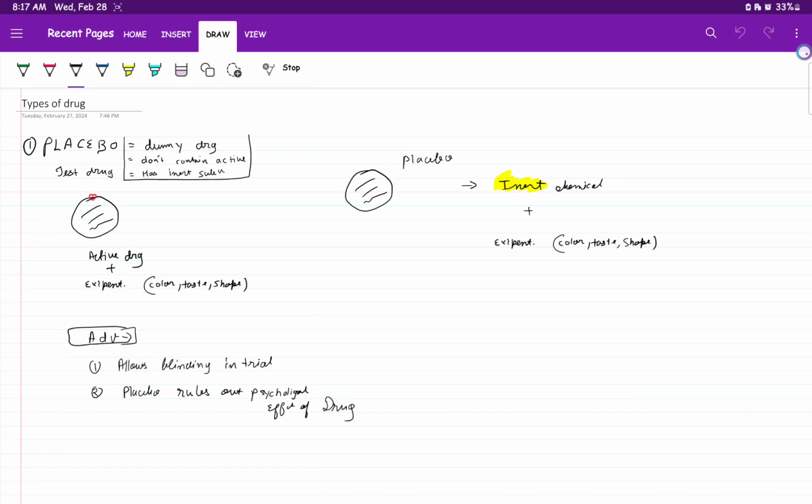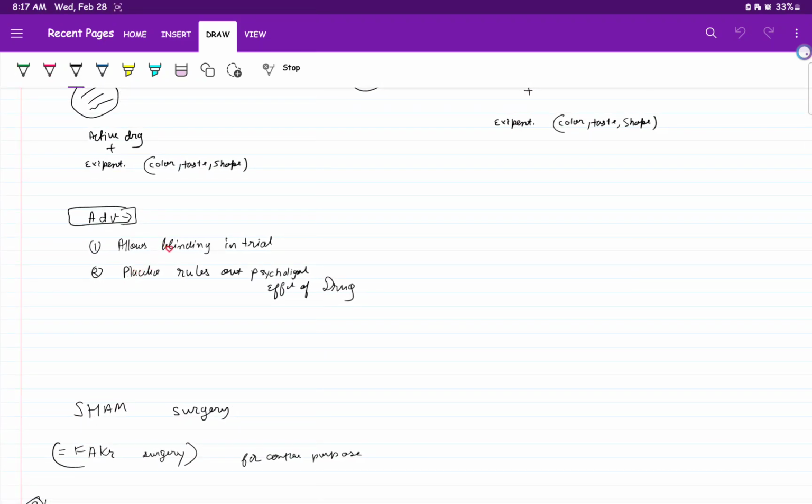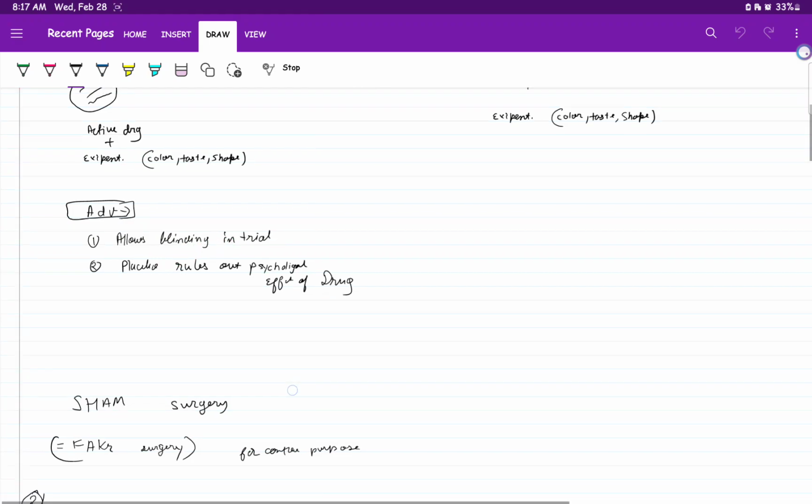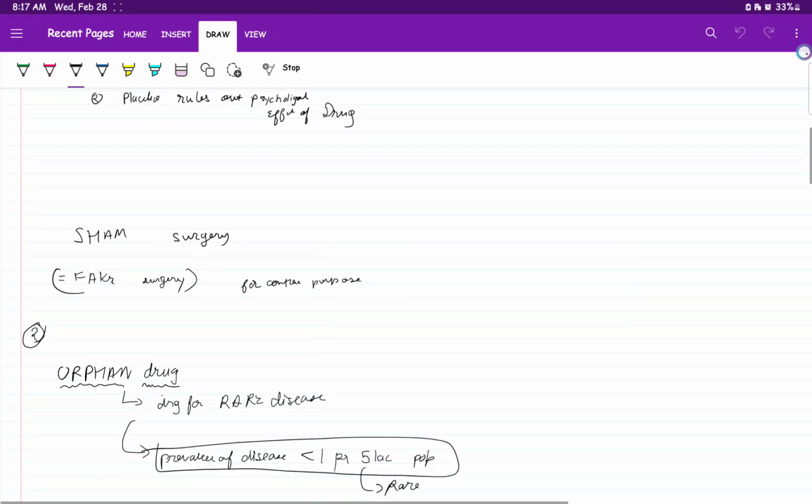This is called the test drug. In placebo it looks the same, but it is an inert chemical, and the excipient is there, but there is no active drug. Advantage, it allows blinding in trial, and placebo rules out the psychological effect of the drug.